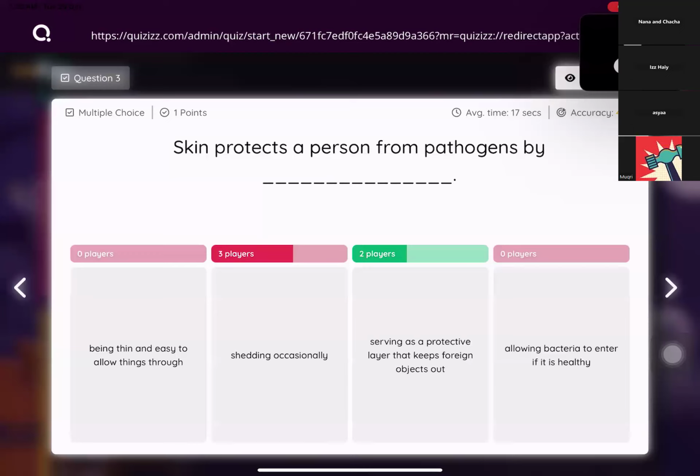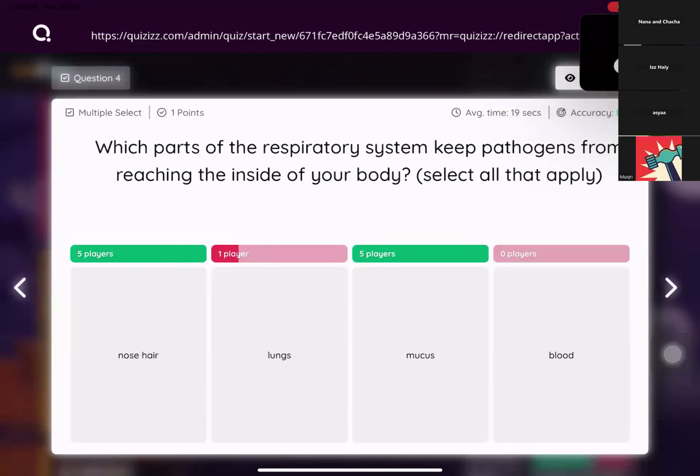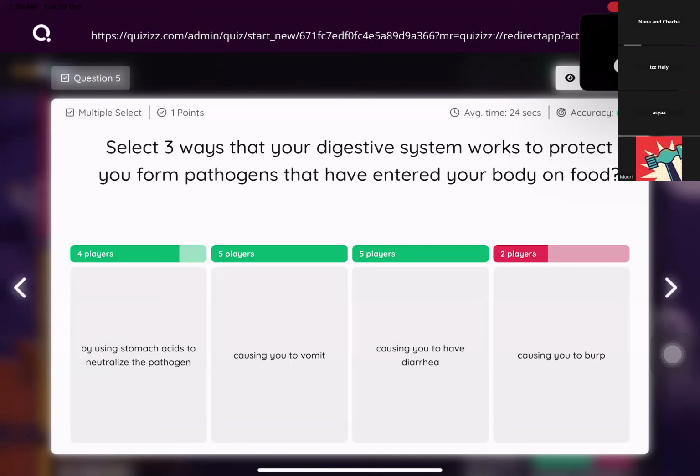So, any questions on this one? No questions. Okay, this one, you put lung, nose and the mucus.